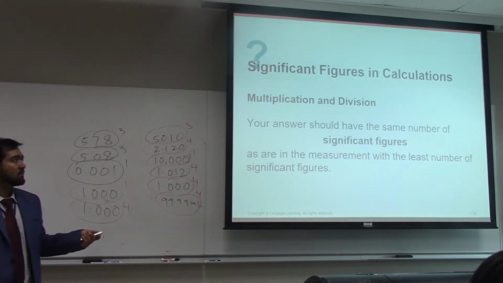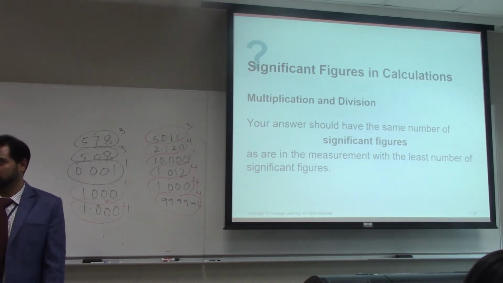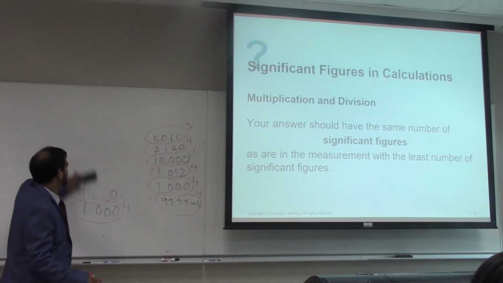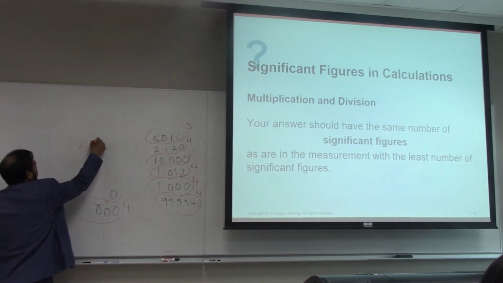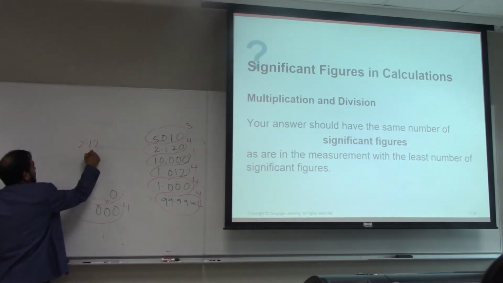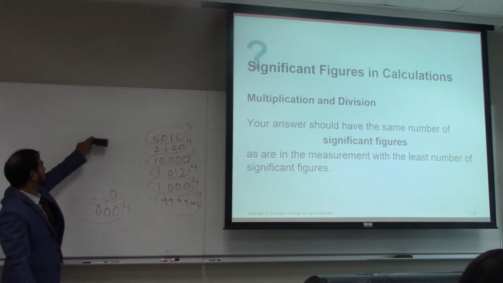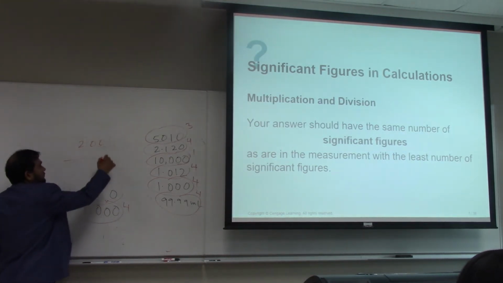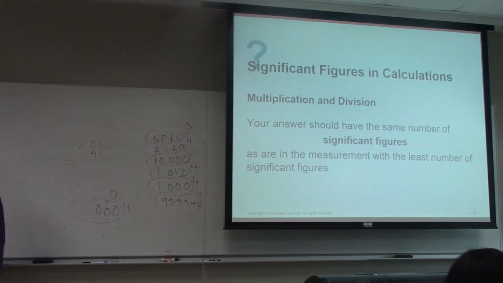It says the answer should have the least number of sig figures from the question. So for instance, if I have 2.00 and I have 40, I'm multiplying these two numbers.